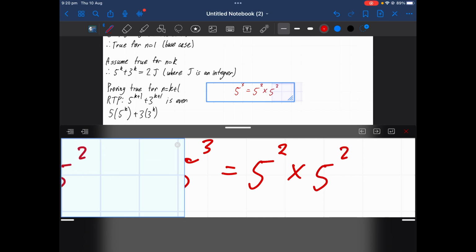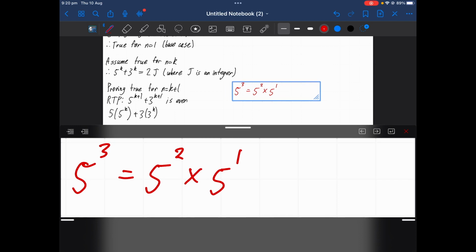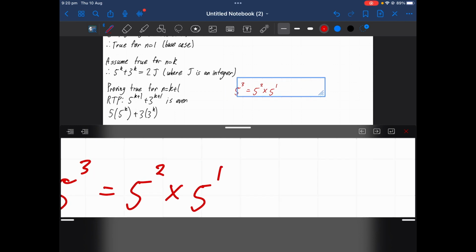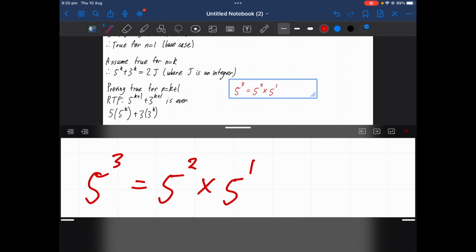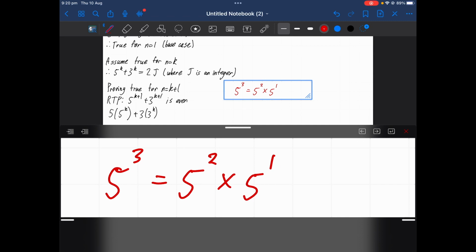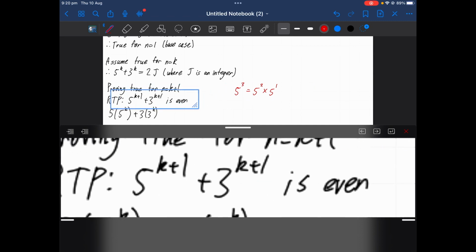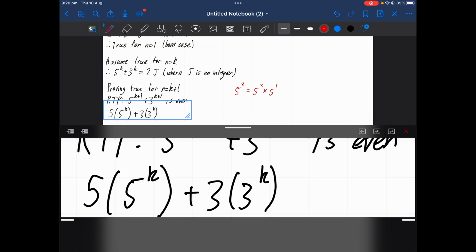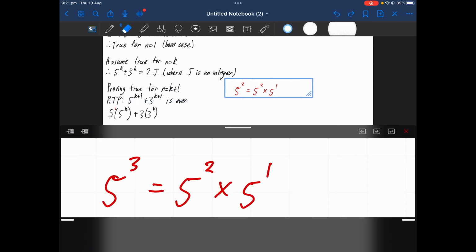When you have things of the same base, and they're multiplying each other, the powers just add. Okay, so just like how I add 2 and 1 to get to 3, I can just split it up. Okay, and that's what I'm doing here. Right, this is 5^1 times 5^k, which is equal to 5^(k+1). So I'm just sort of splitting it up using that index law.